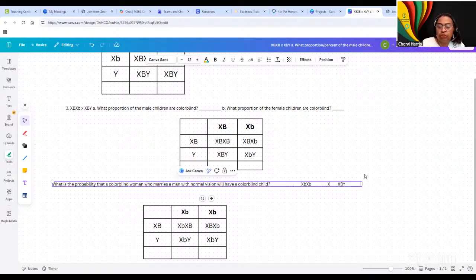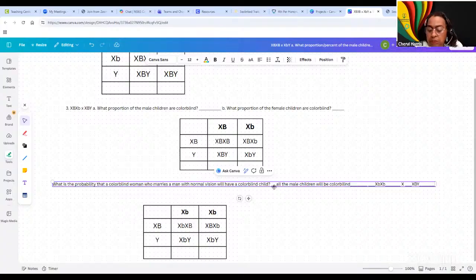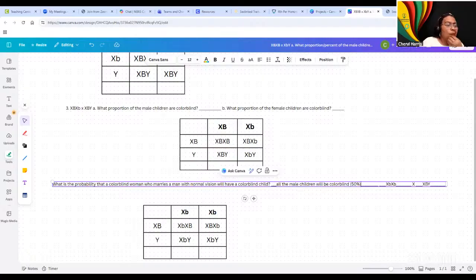That was what you should have had up on that line. And I guess you can say the answer to the question is, I spelled that wrong. Is it actually percentage of children? You can say 50%.